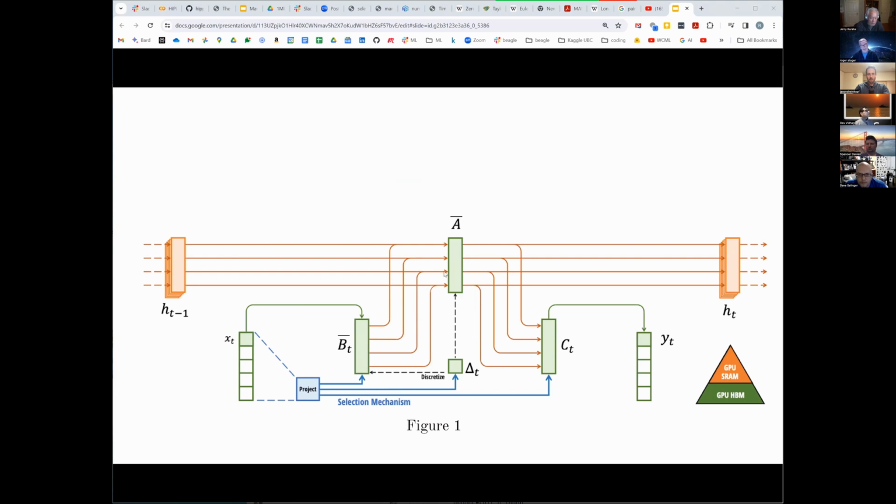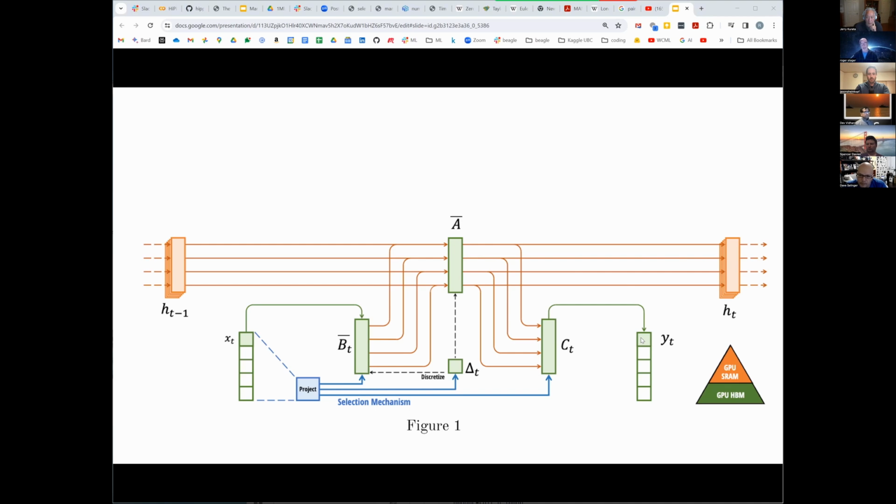Here, it shows it added before A, which is misleading because it actually gets added after A. Then that flows out, and meanwhile you pull out, using the C matrix, a projection of that hidden state into some sort of output.